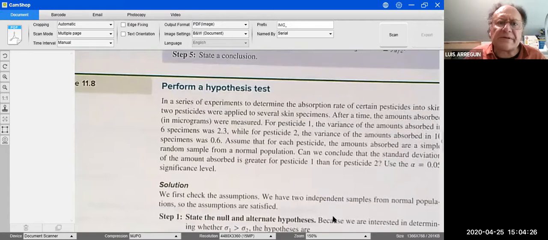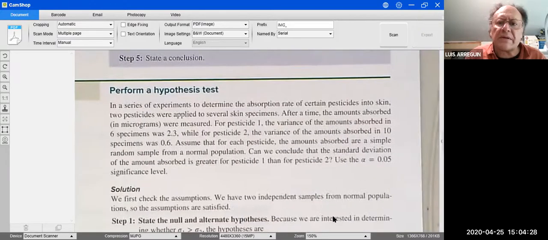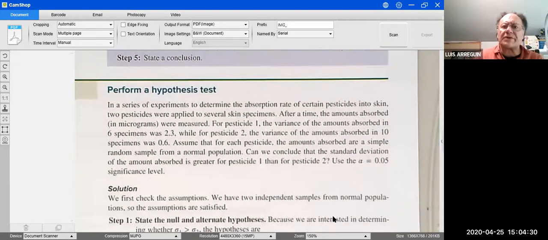In a series of experiments to determine the absorption rate of certain pesticides into skin, 2 pesticides were applied to several skin specimens. After a time, the amounts absorbed in micrograms were measured.